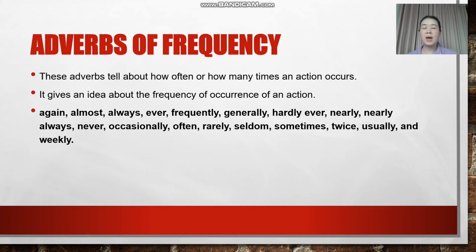Okay, what do we have here? Wow, a lot, right? We have words like again, almost, always, ever, frequently, generally, hardly ever, nearly, nearly always, never, occasionally, often, rarely, seldom, sometimes, twice, usually, and weekly, and a lot more.